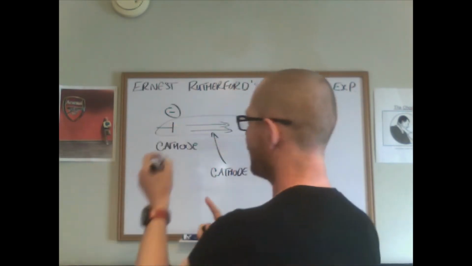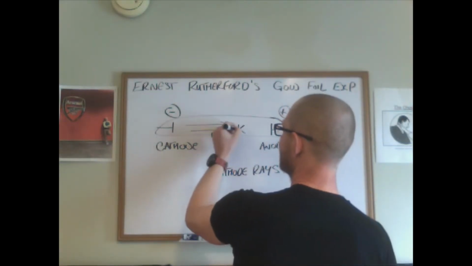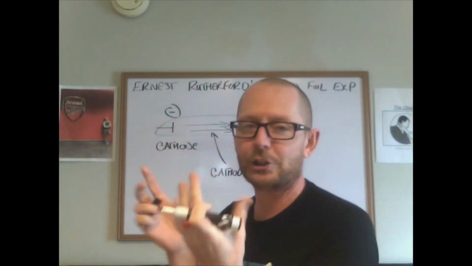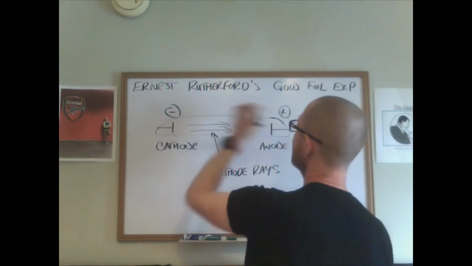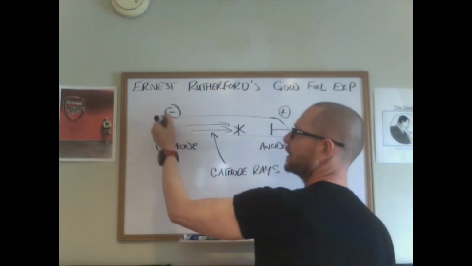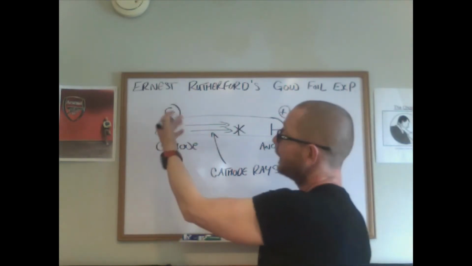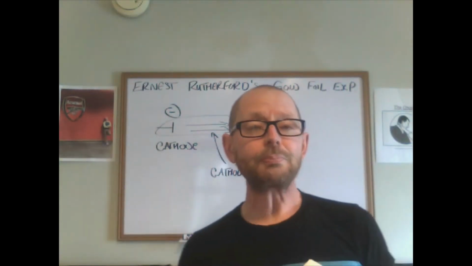But effectively what we find out is this. He puts this little paddle wheel on the inside of this glass tube, and all this is hand-blown glass tubes, right? And when he puts it in the stream between the negative and the positive, the cathode rays, the electricity that's emanated from this negative electrical terminal, actually turns the paddle wheel around.